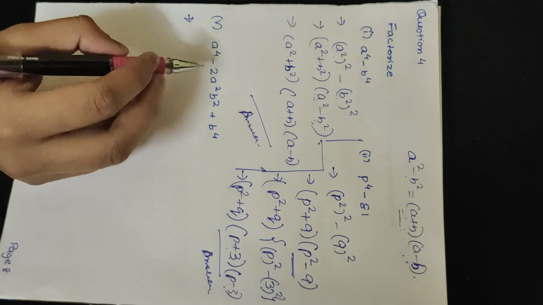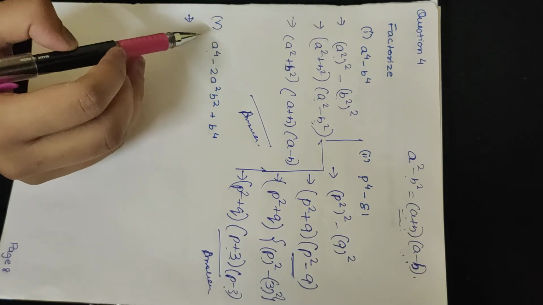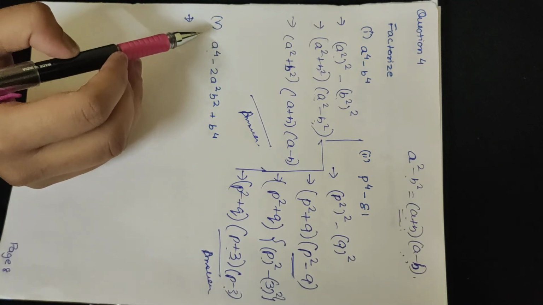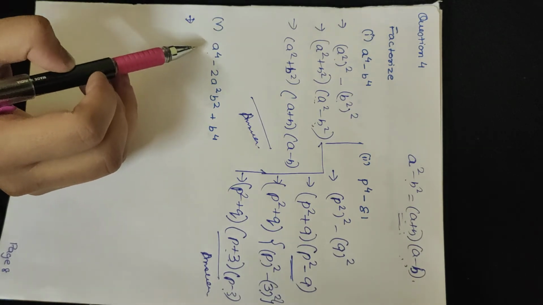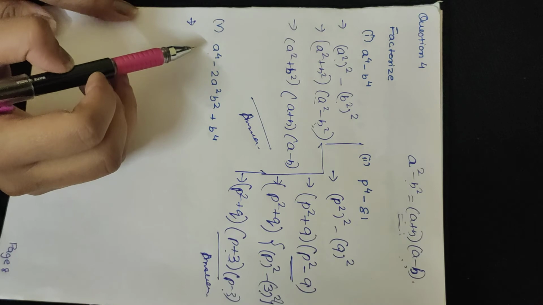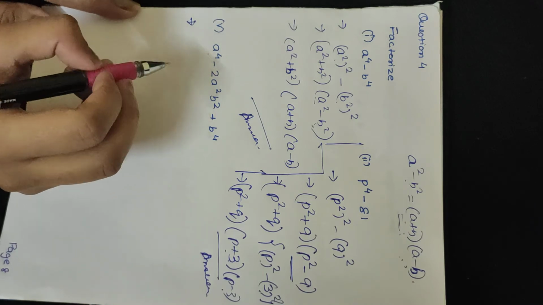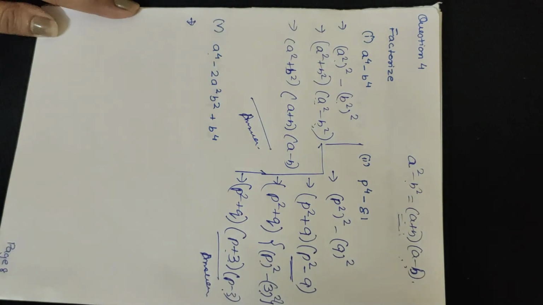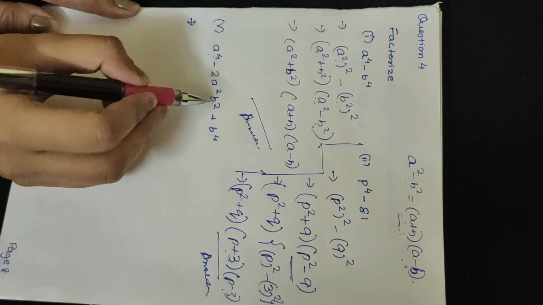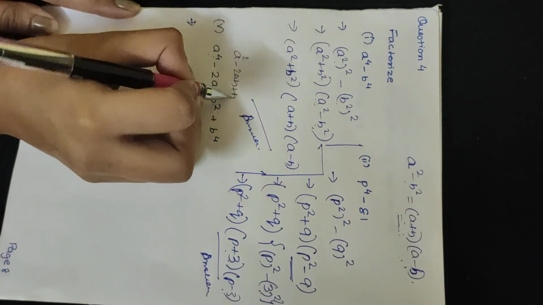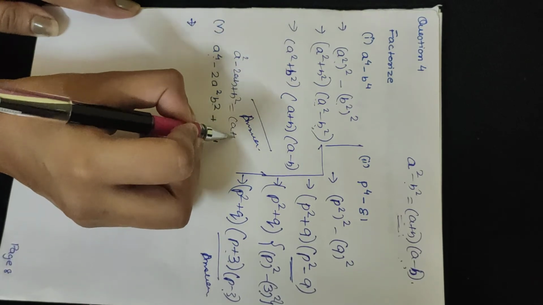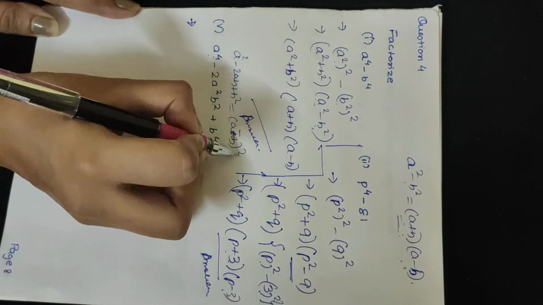Next, a to the power 4, which is question number 4, part 5. a to the power 4 minus 2a square b square plus b to the power 4. So here we are going to again use which formula? We see minus and plus, so it is going to be a square minus 2ab plus b square is equal to (a minus b) whole square.